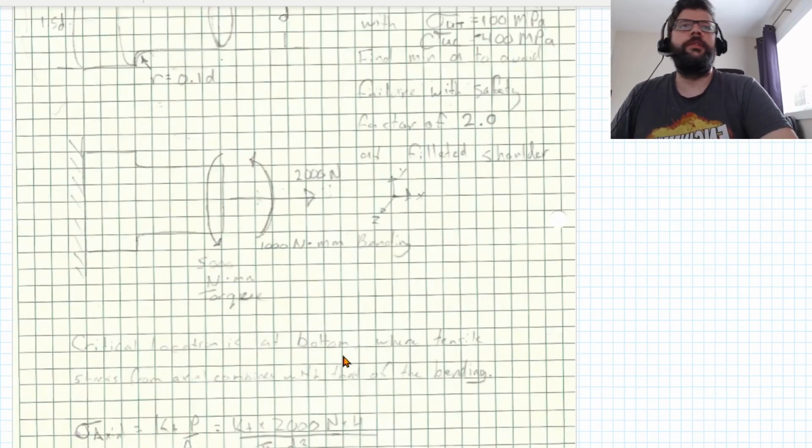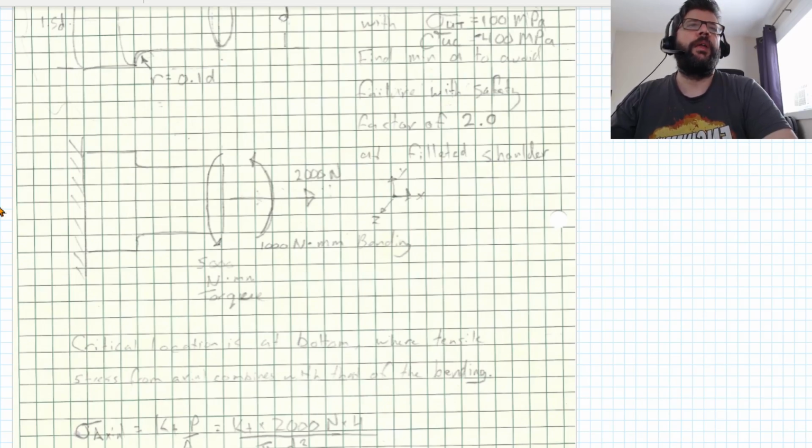And as for the loads, we're mounting one side to a wall and then applying 3 loads to it. We've got an axial load, 200 newtons coming out.